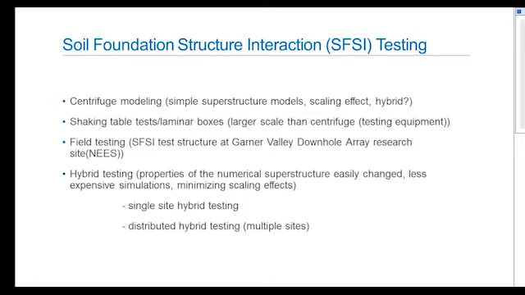The whole site is instrumented, and the structure itself is instrumented. And it's exposed to natural earthquakes. It's in the earthquake-prone area close to Pool Falls. So they record natural events and measure the response of this soil structure system to those events.